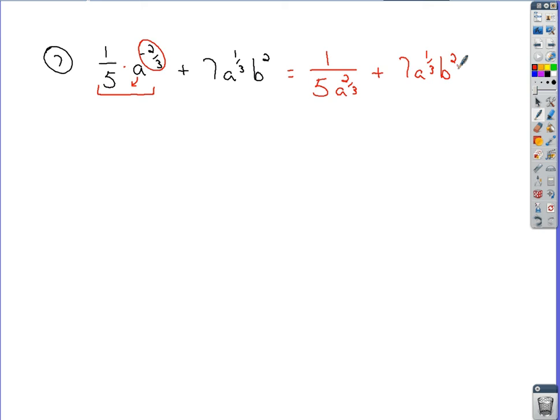Now that we're adding fractions, let's go ahead and find some common denominators. Once again, you could do the little cross product trick, or you could recognize that this is going to be the common denominator. Multiply that over here to numerator and denominator.